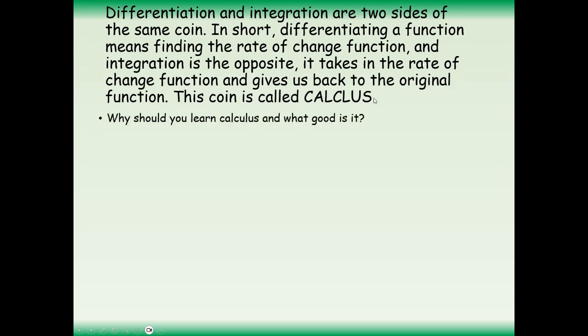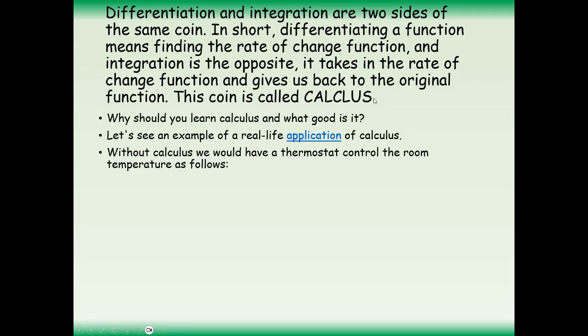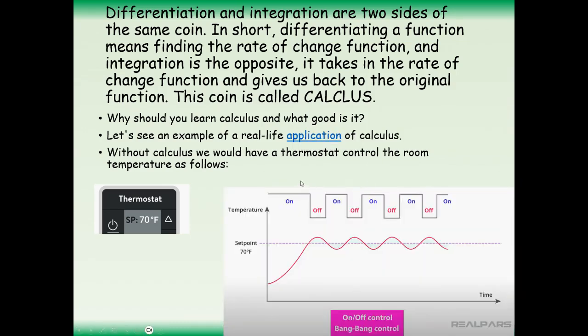So let's imagine that you have a thermostat and you set this thermostat to 70 degrees Fahrenheit, and you want it to stay at that point. So what does the thermostat do?